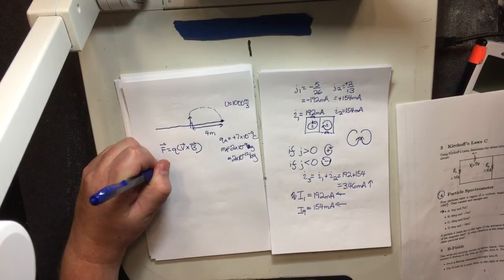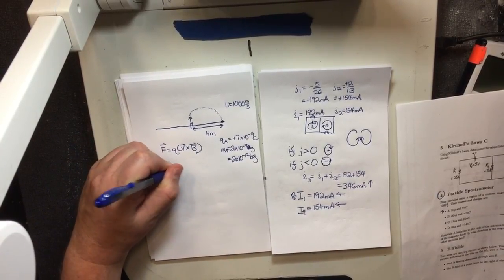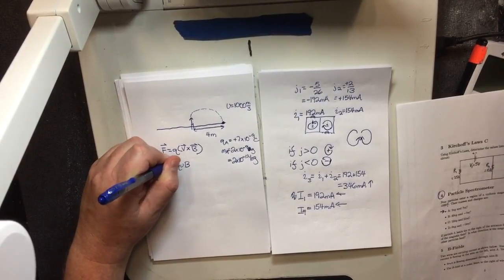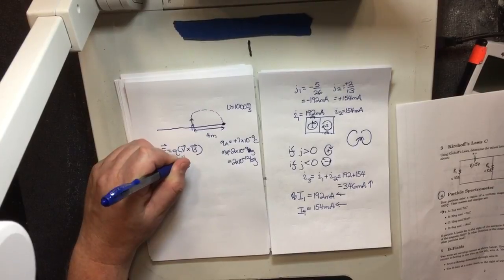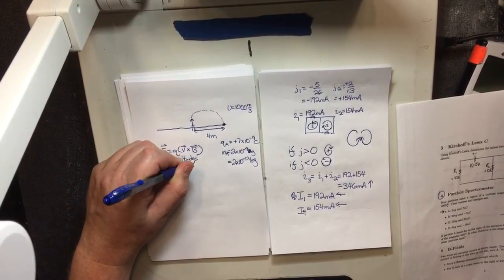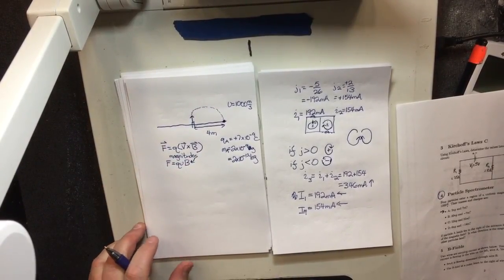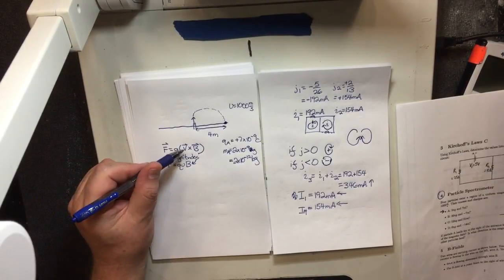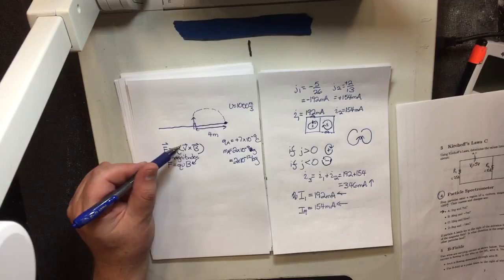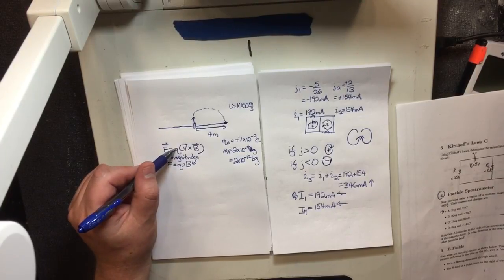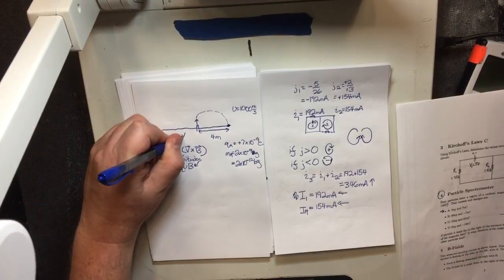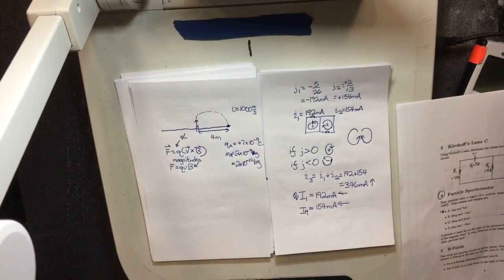Now, the force that we use in terms of magnitude is this. Force is equal to QVB. For this vector, the way that we use it, V direction, magnetic field direction, and charge. That charge, as far as we're concerned, is positive or minus.